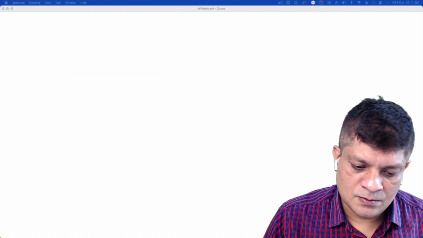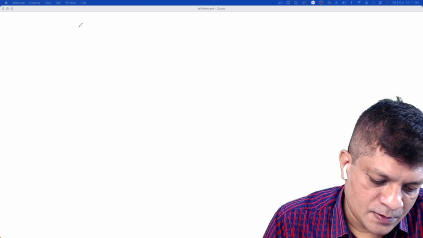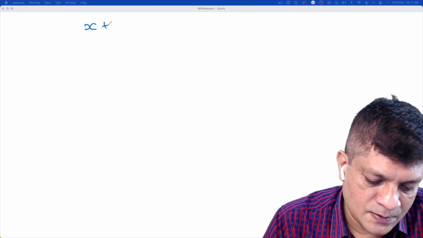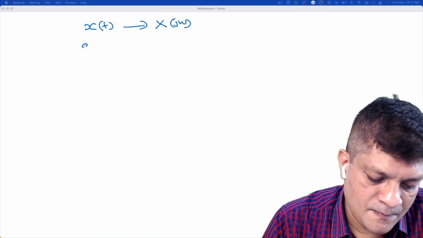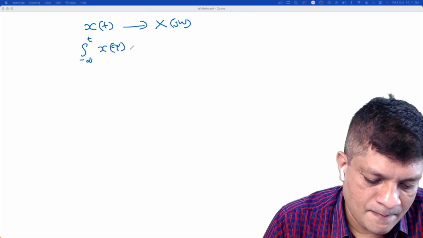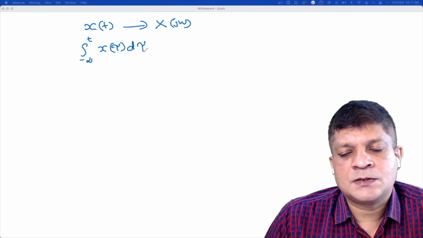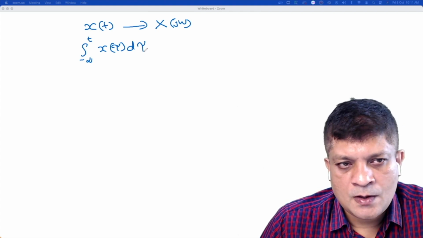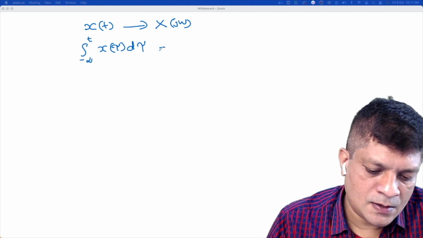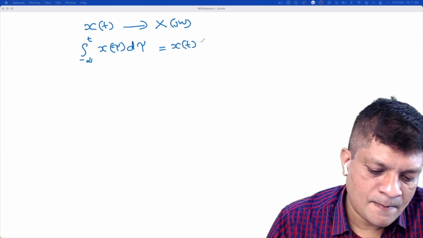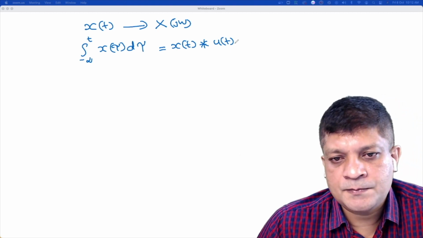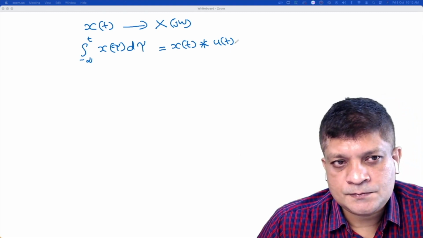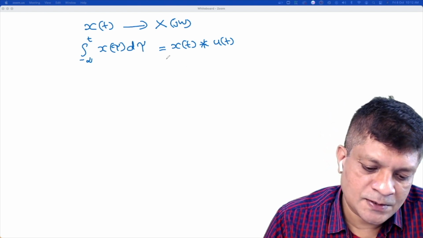So let me take a new page. If we consider x(t), X(jω), that is the integral of x(t). Can I write it as x(t) convolution u(t)? What is x(t) convolution u(t)?